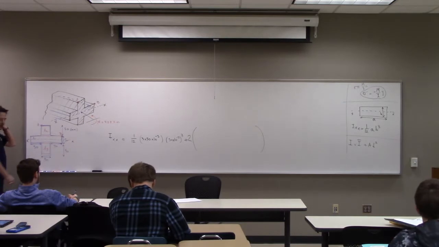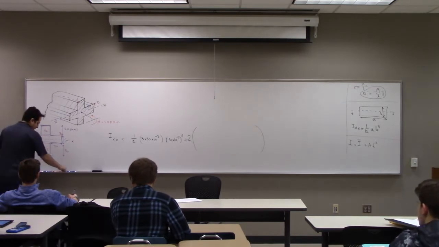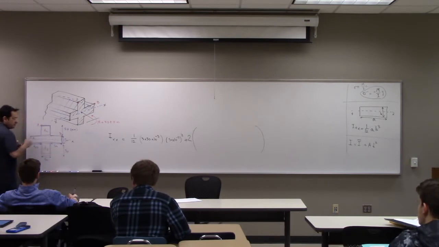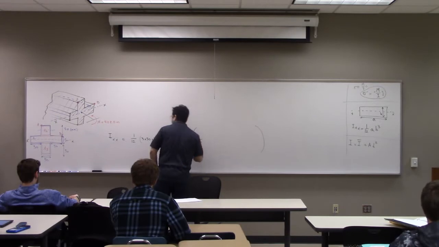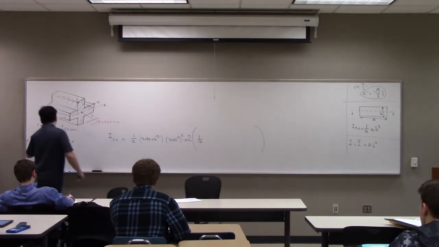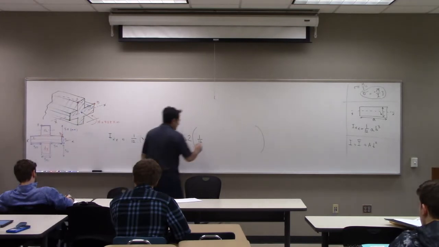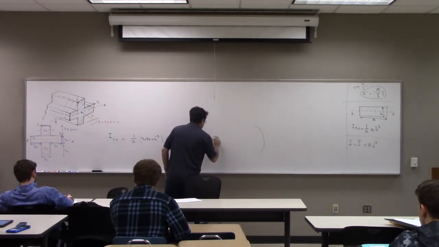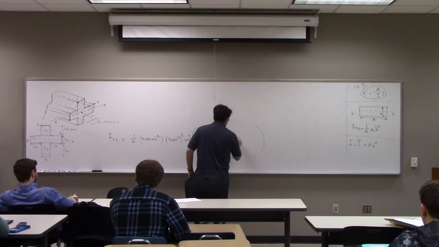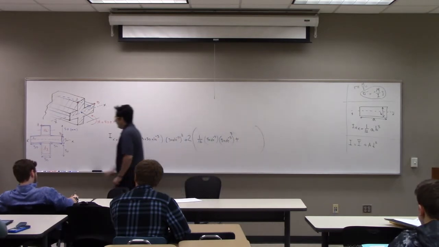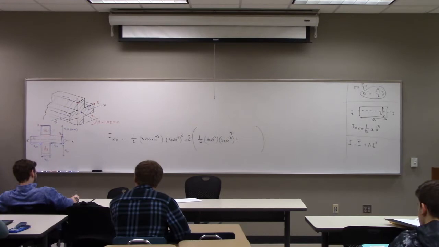So what is this local I with respect to this axis? 1/12, from here to here, which is 50, times the height, which is also 50 cubed. Now this is the local. 1/12 times 50 times 50 cubed is the local.